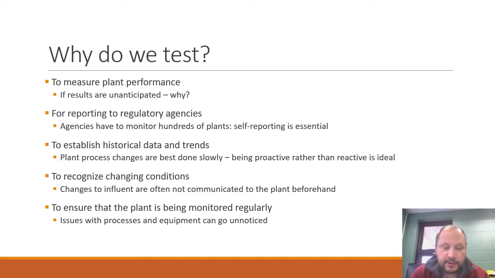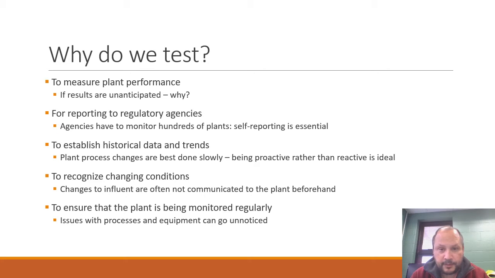So I guess first of all, let's cover some of the reasons that we actually do testing here at the wastewater plant. Of course, first and foremost, we want to be able to measure how the plant is performing. So by testing raw influent coming into the plant and comparing it to our final effluent, that gives us an idea of how the plant is performing.